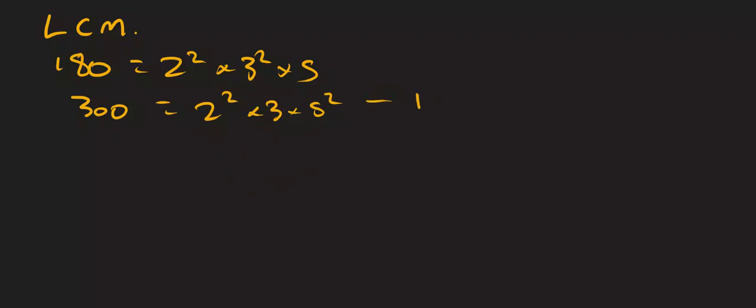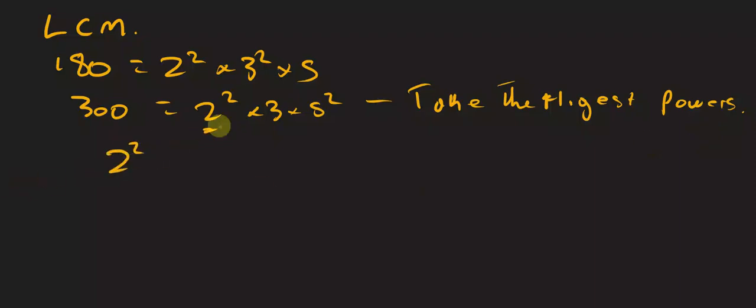In this case, we want to take, sorry for the bad English, the highest powers, meaning we will take 2 squared, because that's the highest power, times the highest power between the 3's, which is 3 squared.